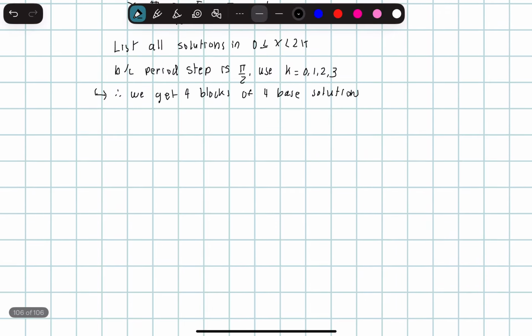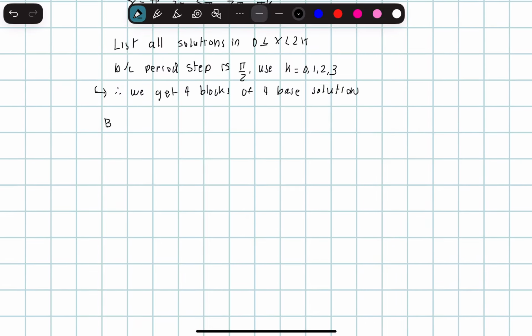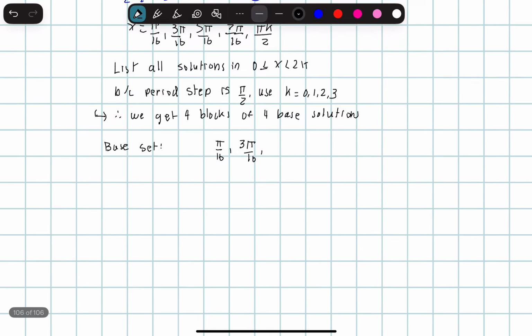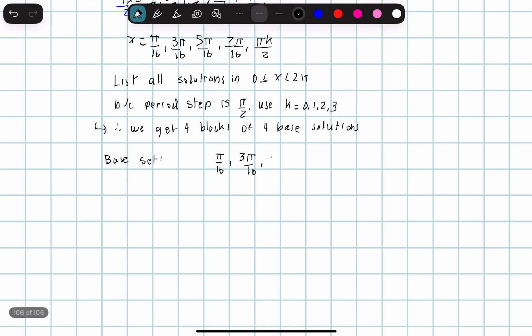Essentially, for our base set, we get pi over 16, 3 pi over 16, which is what we already had, and 5 pi over 16, 7 pi over 16.